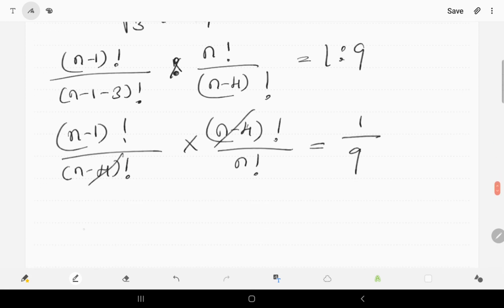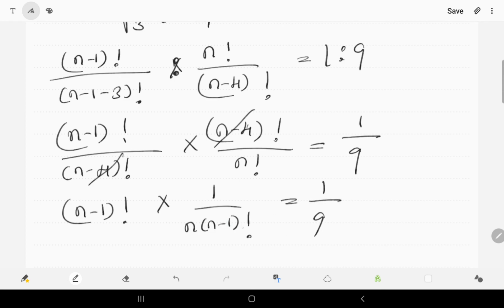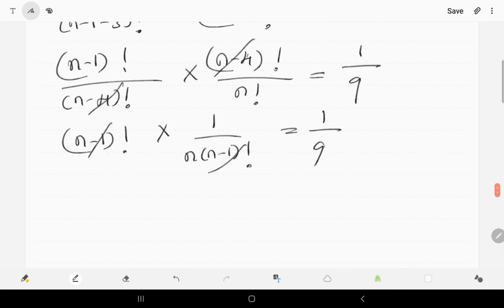Since n factorial can be written as n into (n minus 1) factorial, 1 by n is equal to 1 by 9, or n equals 9.